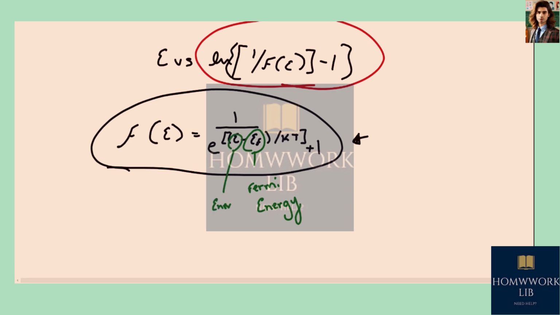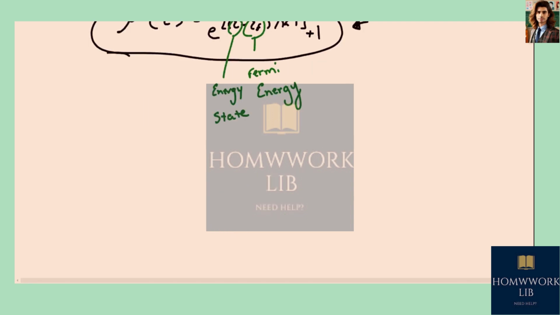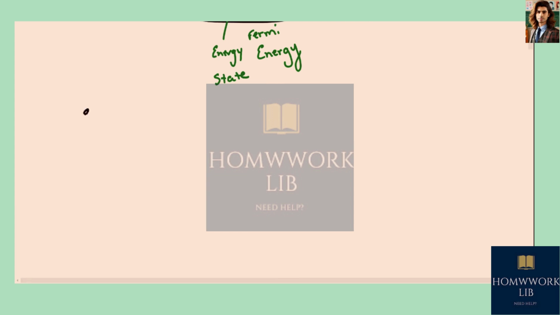EF is our Fermi energy, and this is our energy state. K is the Boltzmann constant, and T is the absolute temperature. So let's draw a little table, and we'll put part A here.